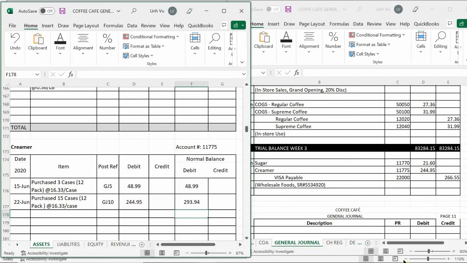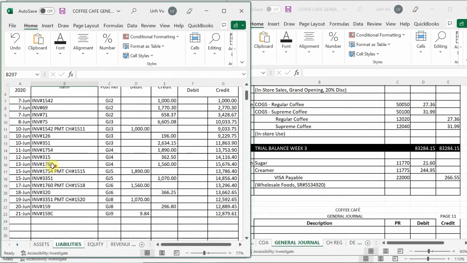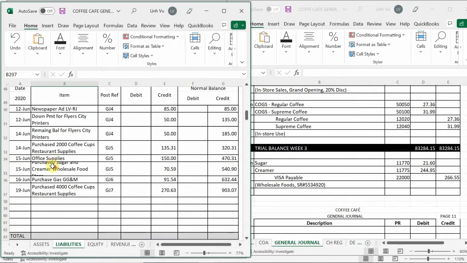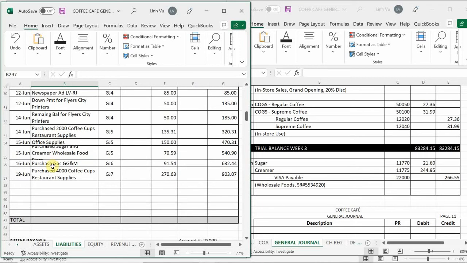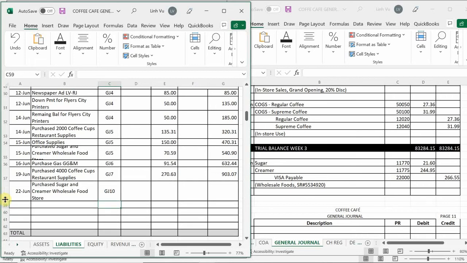We're going to go into the Visa payable. Visa payable is 266.55.